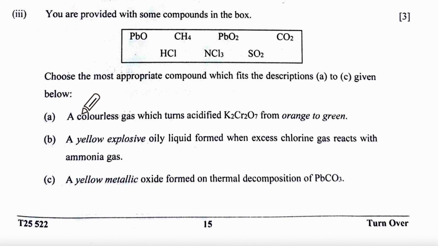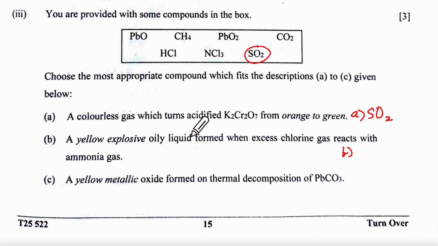Given below are these: a colorless gas which turns acidified K2Cr2O7 from orange to green, again is sulfur dioxide. So that will be A, will be SO2. Here, even if you don't spell it out, it's fine because they have given your options in symbols.